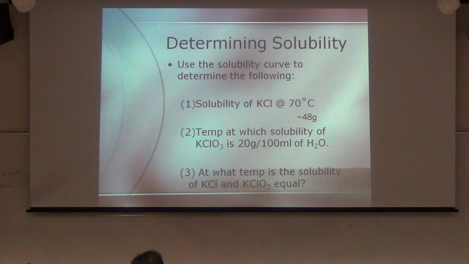You're both M. It's fine. I got about 50, which is about 48 or 49, so it's all good. And finally, at what temperature is the solubility of those 2 substances equal? Who wants a piece of that action? Robert?